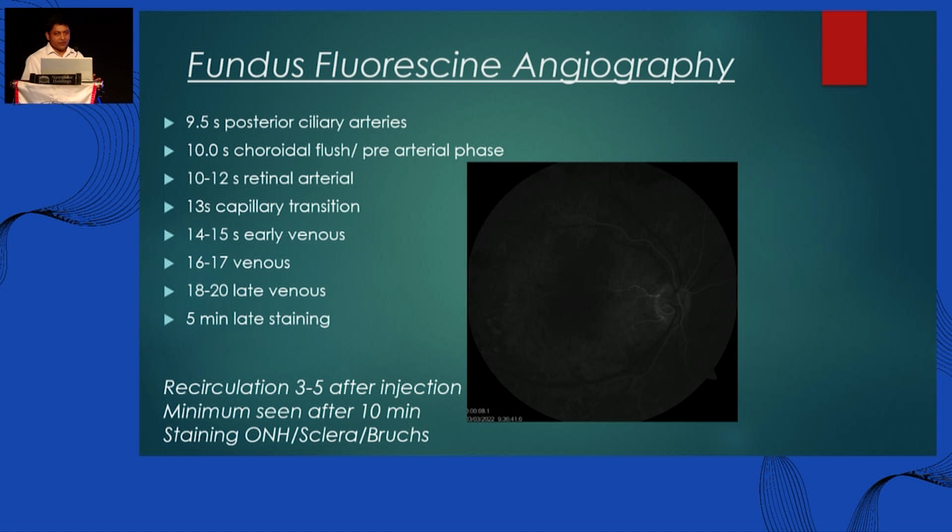By about 20 seconds the first circulation is over, and then recirculation happens 3 to 5 minutes after. It happens so fast, in 20 seconds it's all gone. After 10 minutes you don't see any fluorescence, it's all washed off. So everything should happen pretty fast to detect anything useful.